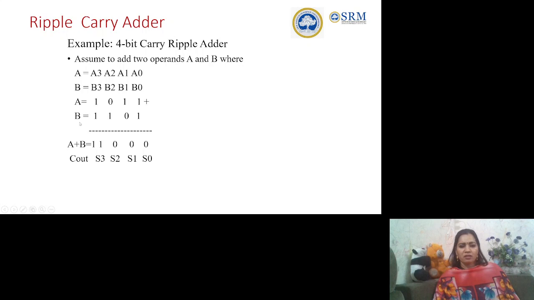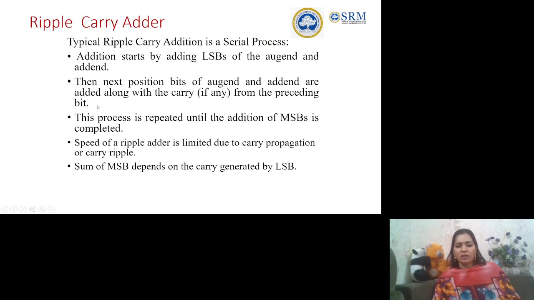This is the augend, this is the addend. This is the LSB of the augend and this is the LSB of the addend. Always you have to start the addition from the LSB until you reach the MSB of the binary string. So this is how an addition process will be performed.